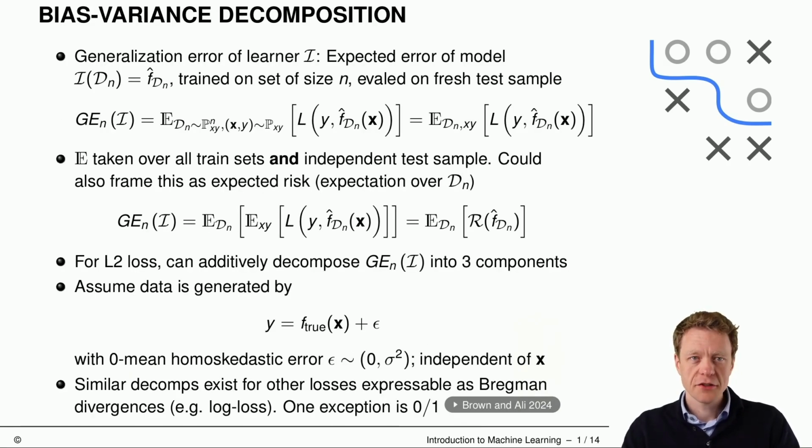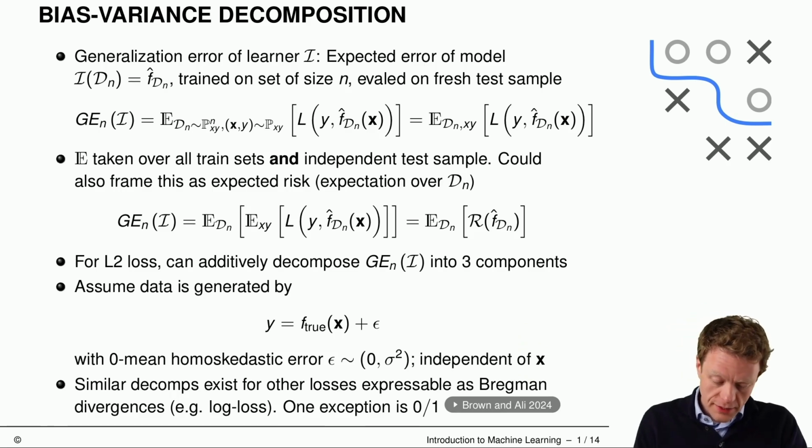The generalization error of a learner, or of an inducer I, is the expected error of a model trained on sets of size n and evaluated on a fresh test sample. It's very important here to be clear about the difference between model and learner. The output of a learner is a model, but the learner itself is not a model.